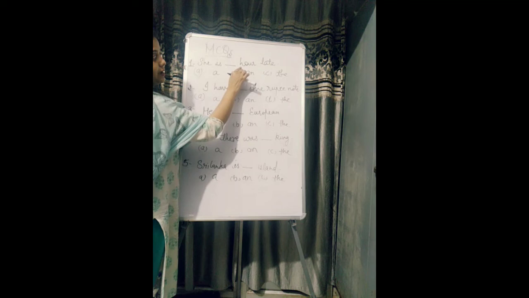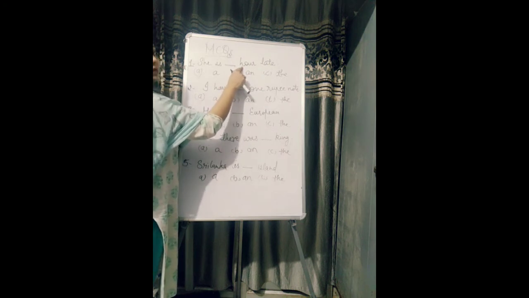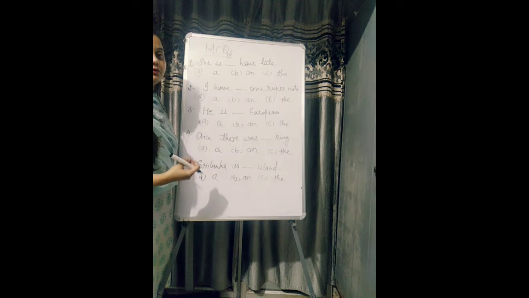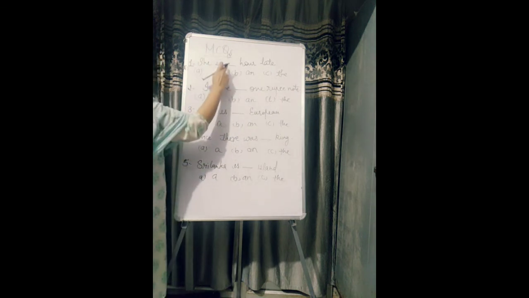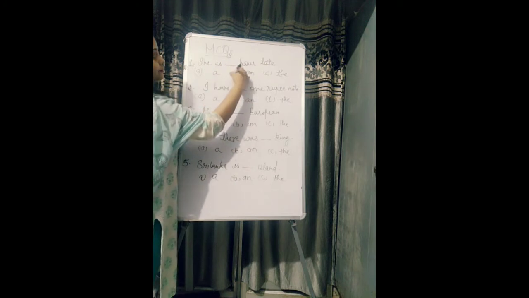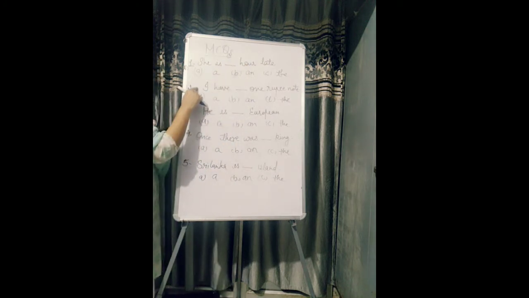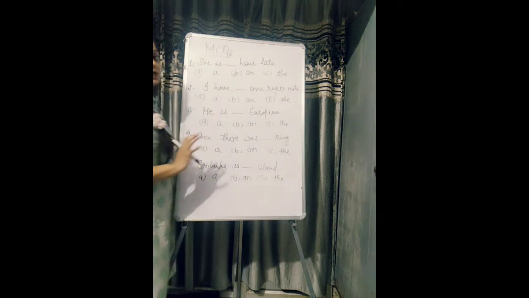It is starting with the consonant H, but it's pronounced with a vowel sound, as the H is silent, right? So which article will come here, a or an? Of course, an.